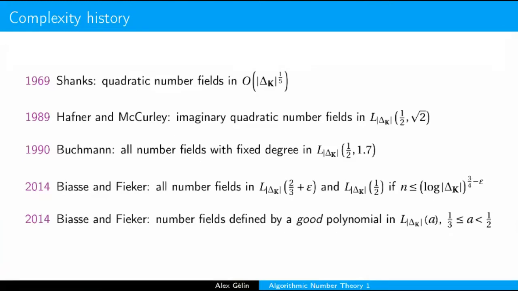But they managed to find that if the extension degree is not that high, then we can get something in L of 1/2. They also give a different algorithm when the number field is defined by a good polynomial, where the complexity is between 1/3 and 1/2.